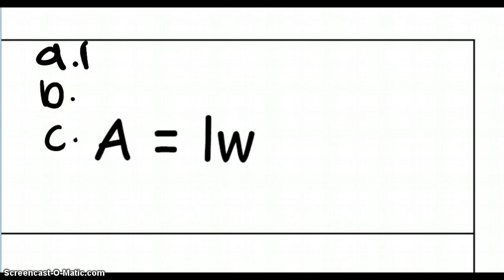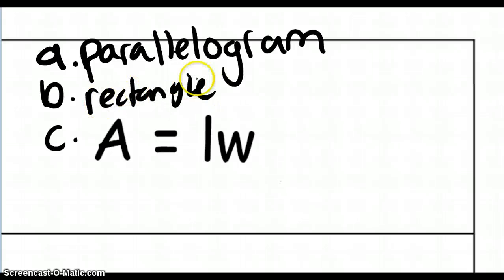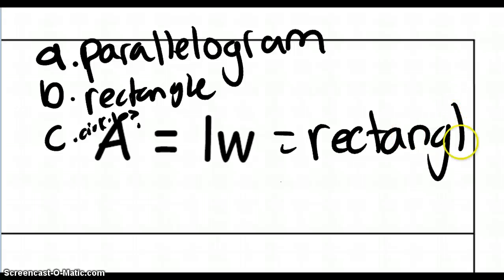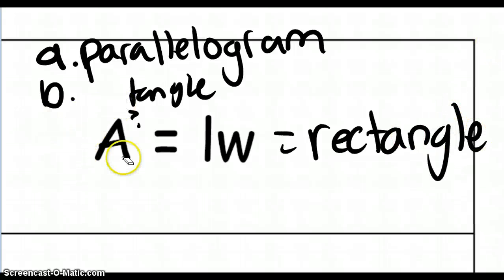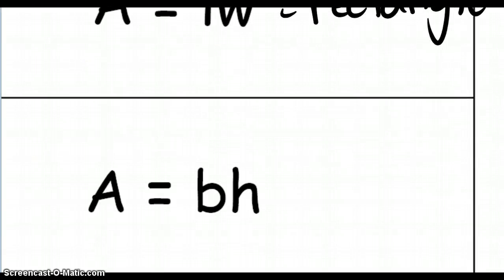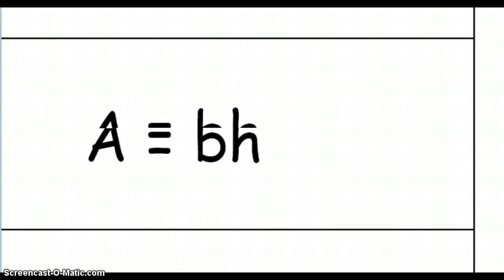Is it A, a parallelogram, B, a rectangle, or C, a circle? It is a rectangle. Now we can erase all this. Now, moving down, base times height. What is this? Let's see.